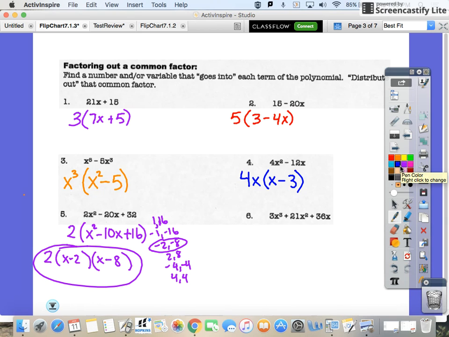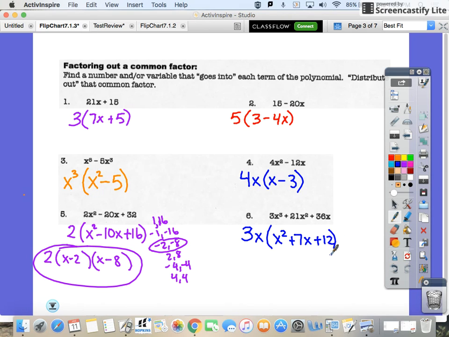And then for number 6, we have 3 terms. All of them actually have an x, so we can pull an x out. All of them are also divisible by 3, so we can pull out a 3. So if we pull out a 3 and an x, each one gets reduced by one x value, and each one gets divided by 3. 3 divided by 3 is 1, and then it's x squared. 21 divided by 3 is 7, and then it's just 1x. 36 divided by 3 is 12.